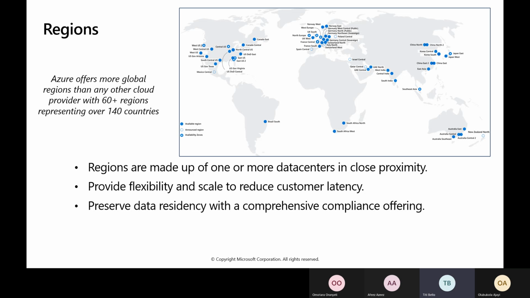Another reason, like I said earlier, is data residency or compliance. Each of those regions has policies governing them, where the government says certain data cannot leave the soil of their country, or certain data cannot leave that particular region.